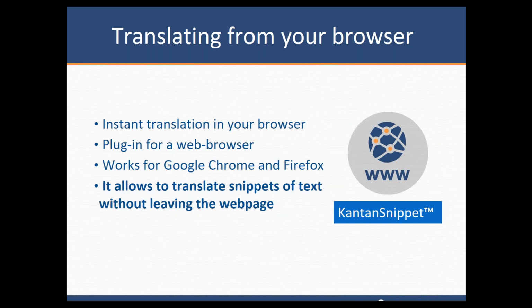Again, something that we all do constantly, which is maybe we have a client that doesn't have a localized page or website, and you want to know about it, or there's some information you want to grab from a website in a different language than yours. So it's an instant translation in your browser, and so far it works for Chrome and Firefox. It allows you to translate snippets of text without leaving the web page.